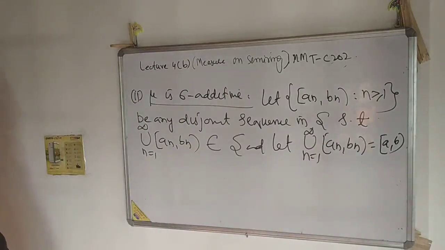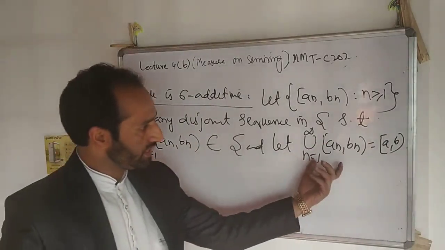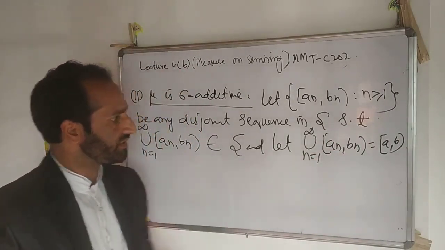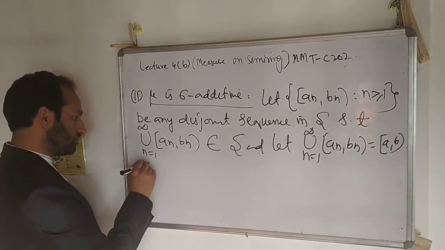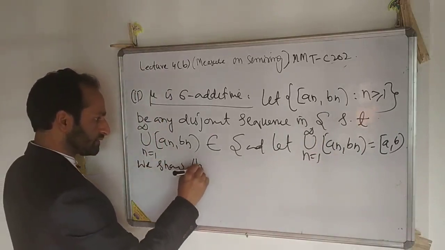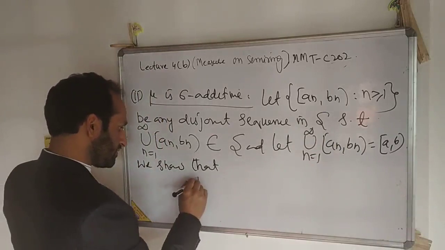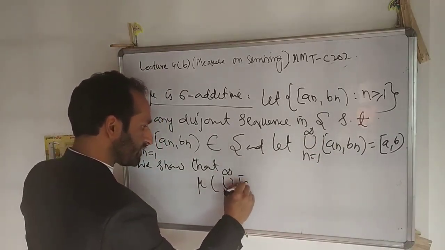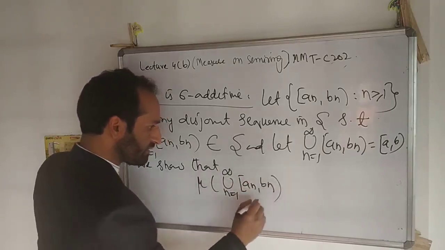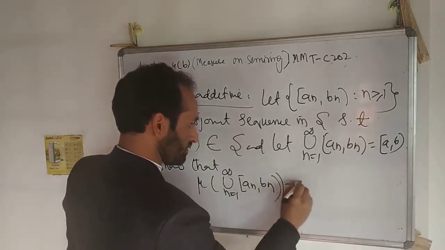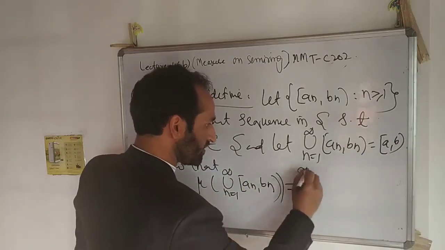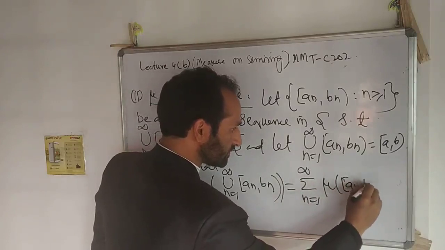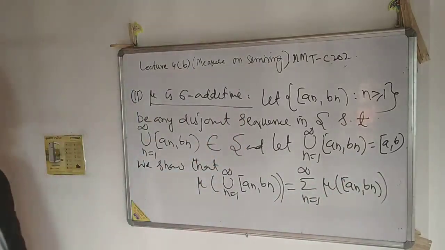So what we need to show is that mu of that union, or mu of this interval, is equal to the sum, n running from 1 to infinity, of mu of (a_n, b_n]. We show that mu of the union, n running from 1 to infinity, of (a_n, b_n] is equal to the summation, n running from 1 to infinity, of mu of (a_n, b_n].